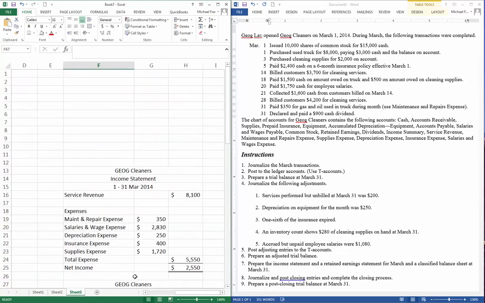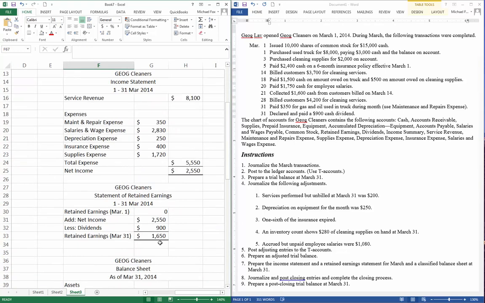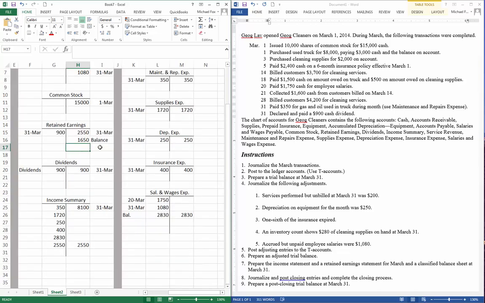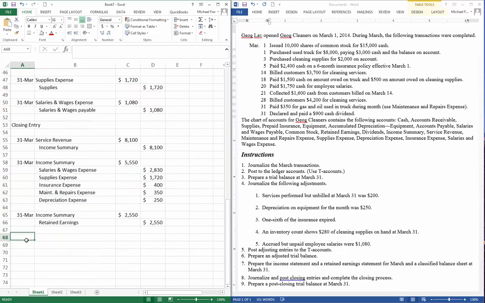And that looks exactly like our statement of retained earnings, where we had 0 retained earnings to begin with. We added the net income of $25.50, we subtracted the dividends, and now we have a balance of $16.50. I forgot to do the journal entry for that. So retained earnings, dividends.